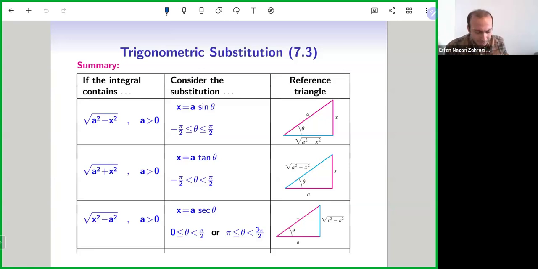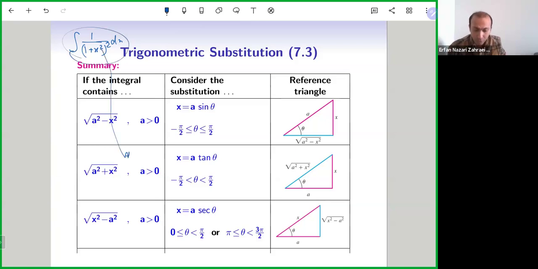First, I don't like that there is a root here. It's not the case that you only use these when you have a root of these terms. For example, when you want to integrate 1 over 1 plus x squared dx, it's in this form, some number plus x squared, but you don't see any root.